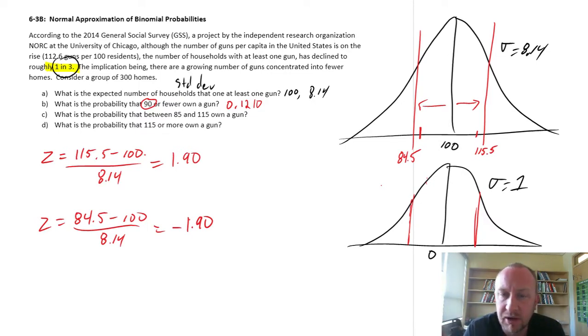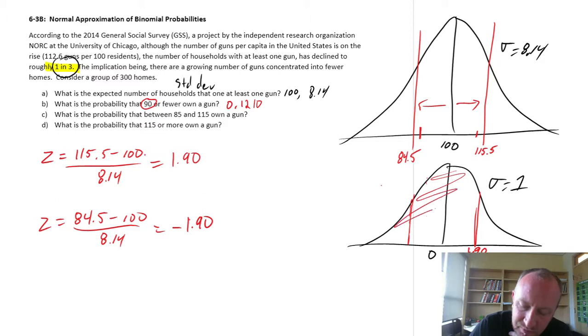Now, for our probabilities, there's a couple of ways we could get this one. We could take a shortcut, but let's do it the long way. You can figure out the shortcut way on your own. So here we'll have the first one for 1.9. When we look at the probability for that one, that will give us this whole area to the left.